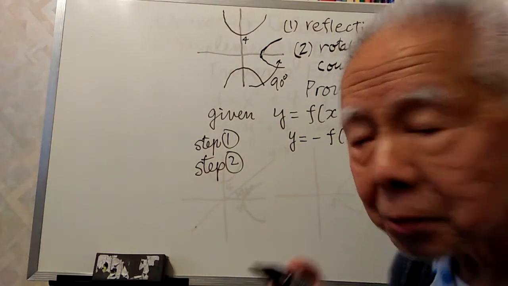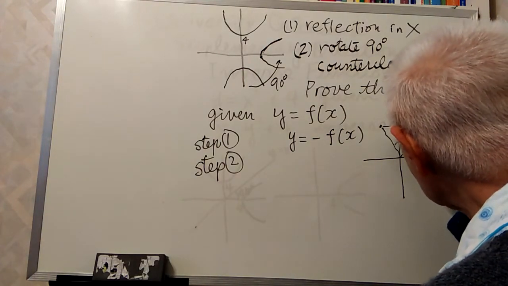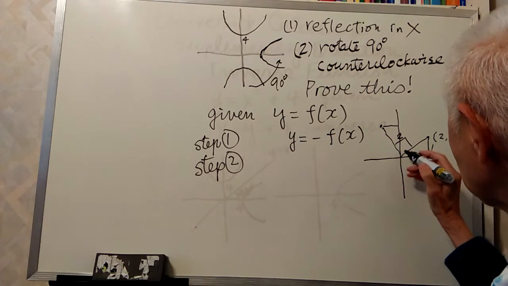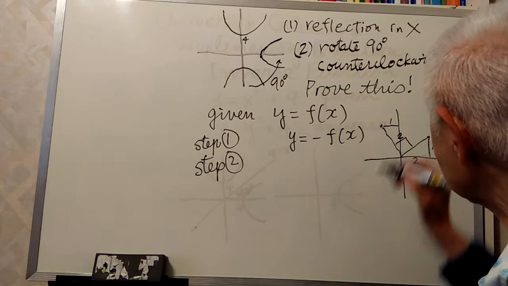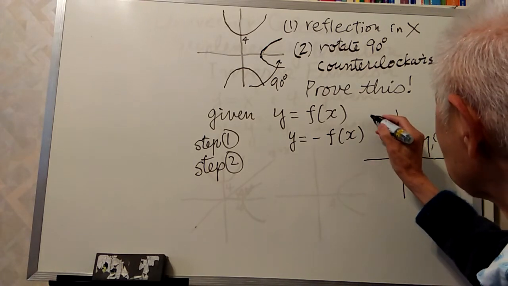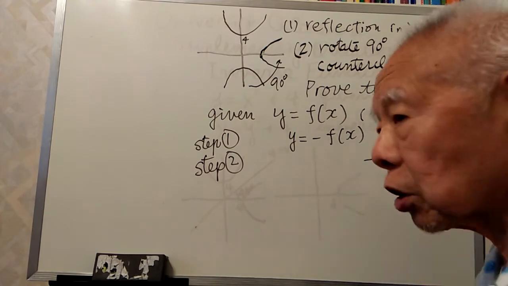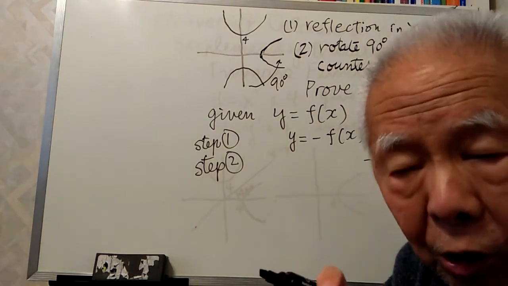Therefore, they are the same triangle. They are congruent. You rotate, so this 2 is this 2. This 1 becomes this side 1. So what is the new x coordinate, y coordinate?